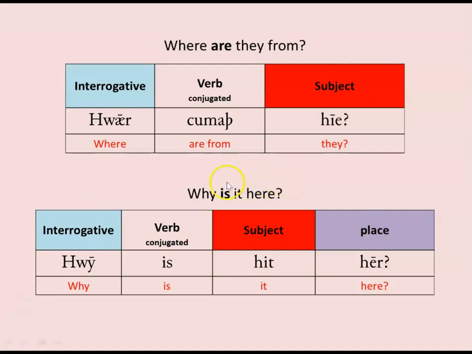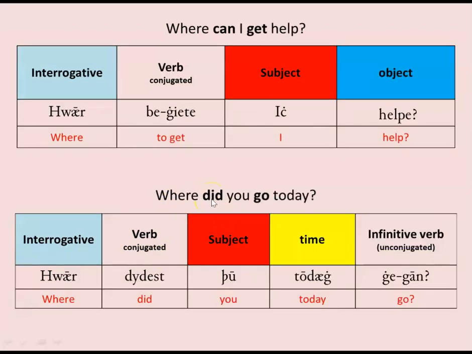I mean, in modern English, I ask the question, why is it here? And then you go to Old English, there's the interrogative pronoun, there's the first verb, and it's in the same tense here. Subject, hit, it, and then the adverb place. Same as modern English, so it's not all that dissimilar.